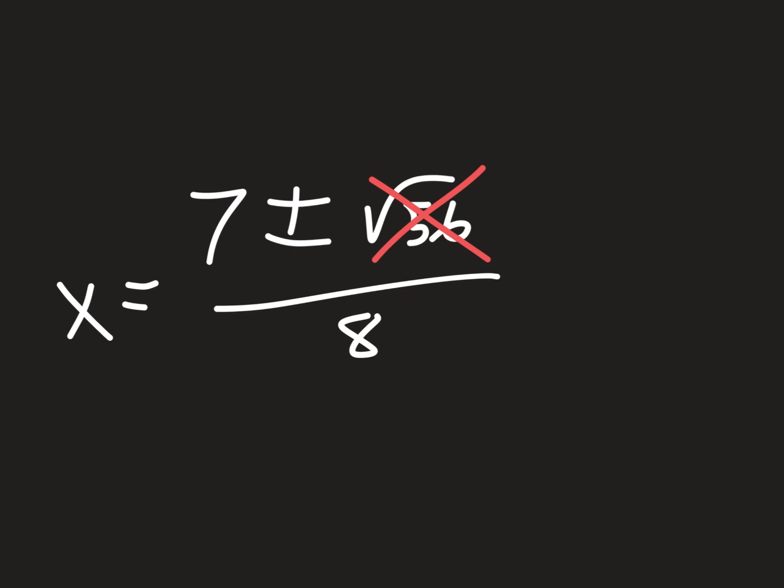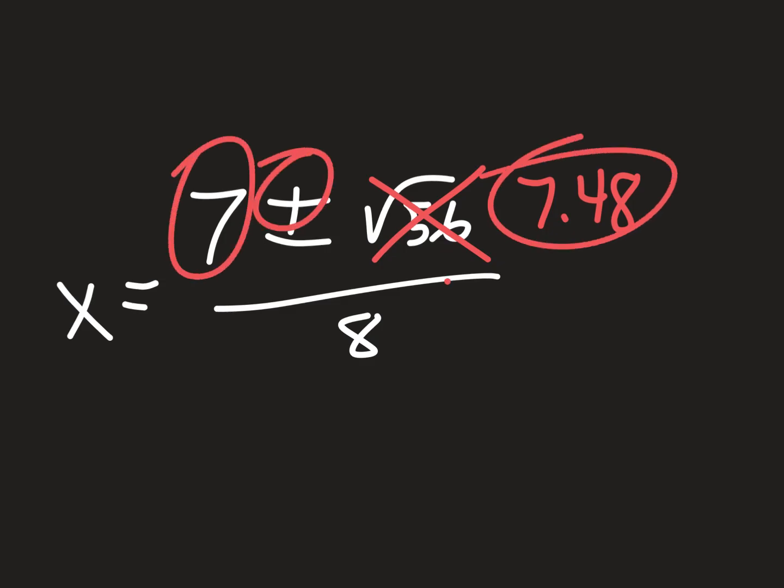I will use my calculator. What is the square root of 56? The square root of 56 is approximately 7.4833. Good enough. Now do you get what you could do to get the rest of the answer? Well, if you're already allowing us to use the calculator, then 7 plus 7.48.